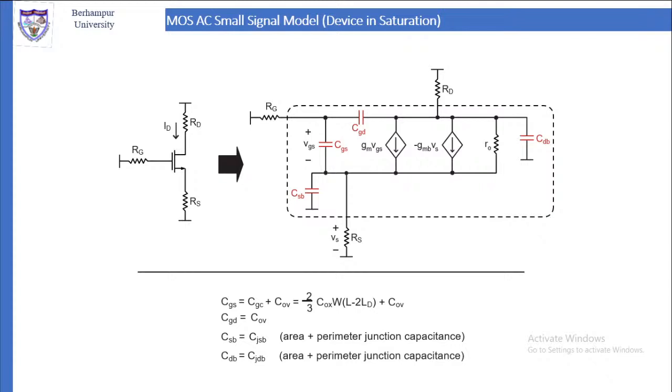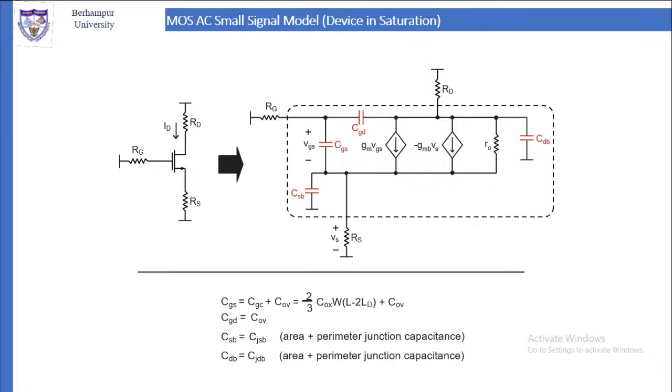Now, if you look at the device in saturation, considering these capacitances, the small signal model will be like this. We are using the same small signal device model, and we are just adding the capacitances here. What are the capacitances that we are adding?